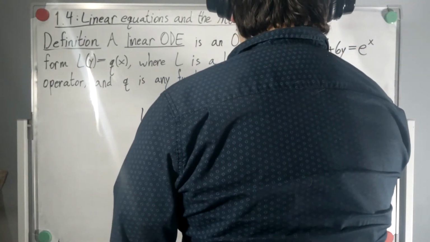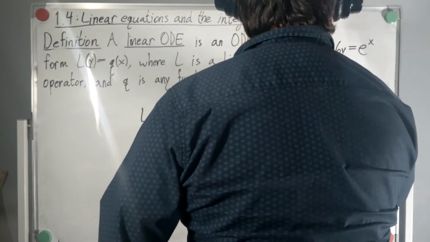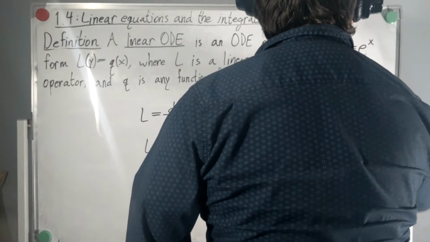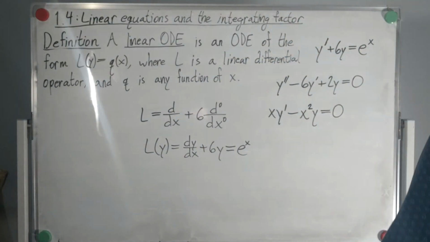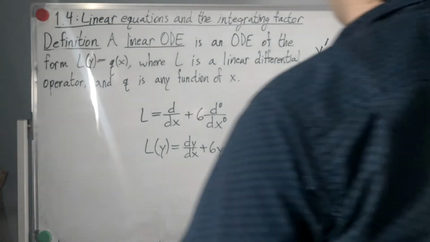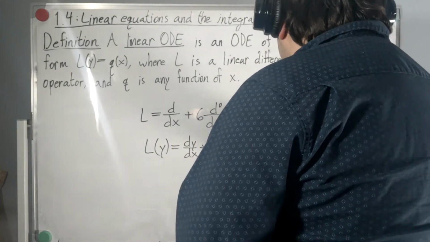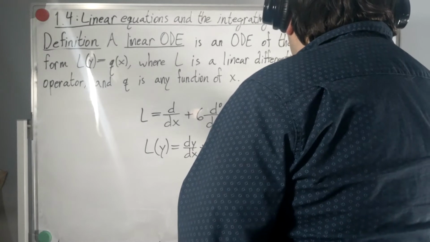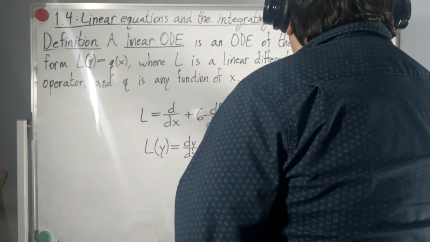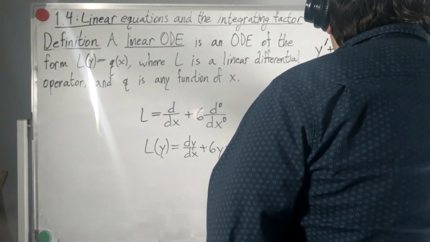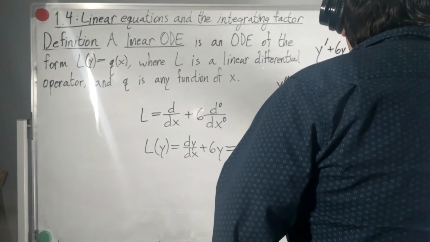You could have something like xy prime minus x squared y equals 0. Again, it's a linear combination of y and its derivatives being set equal to a function. You could have something like third derivative of y minus 6y prime prime plus y prime minus 6y equals sine x.